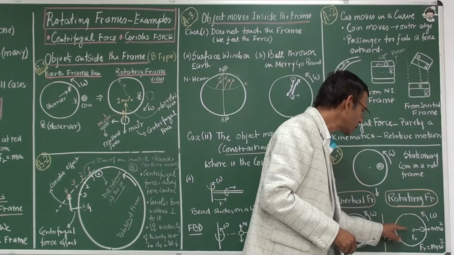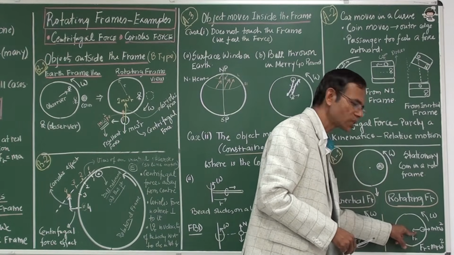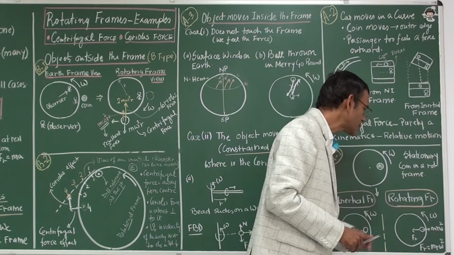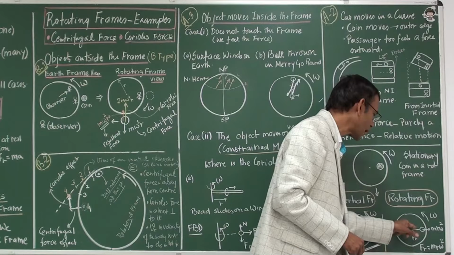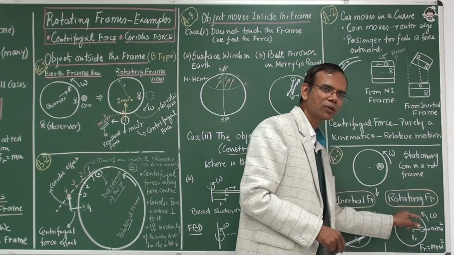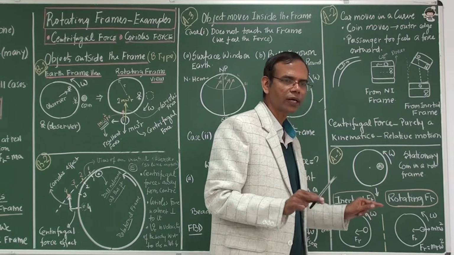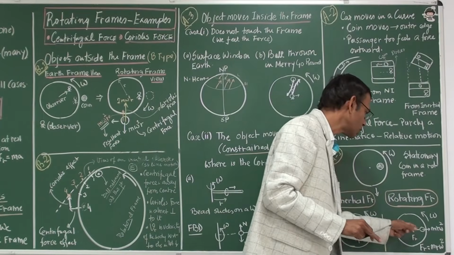In the rotating frame, obviously this is the real force which is there. So a centrifugal force m omega square r is outward, so both cancel, and the observer here observes that this coin is at rest. So he is satisfied that Newton's laws are valid and he can apply them.